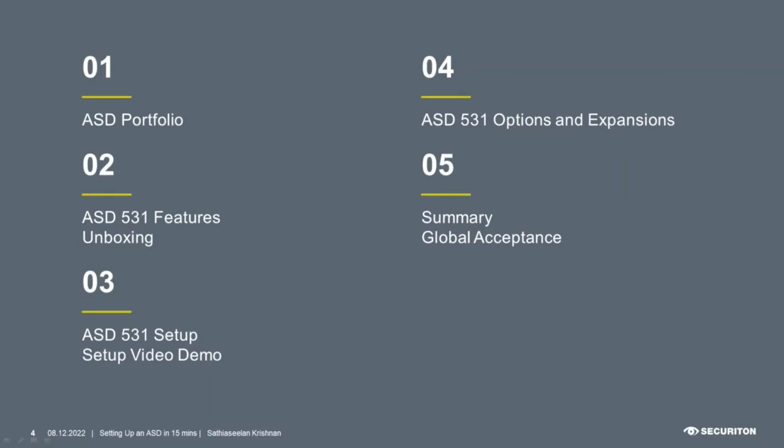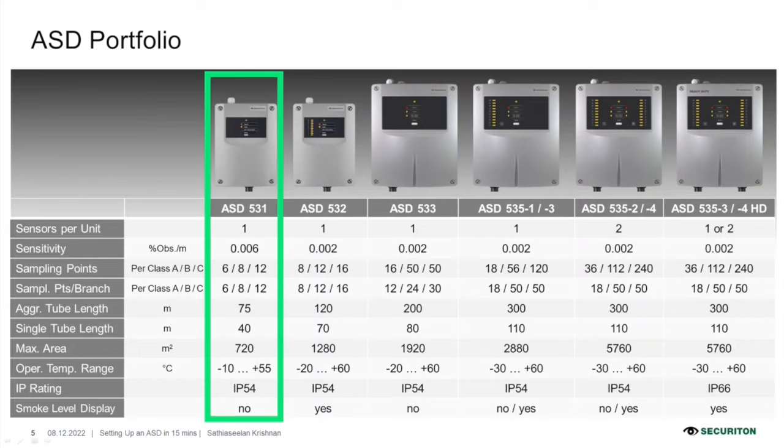The third topic is a short video on the setup, where I'll show how you set up and commission the system, in a very short video for you to understand better in a visual version. I also will be covering the options and expansions that are available in 531, and I'll summarize the entire agenda for today in the summary session. So that's our agenda for today. And with that, I'll go into the portfolio of the ASD itself.